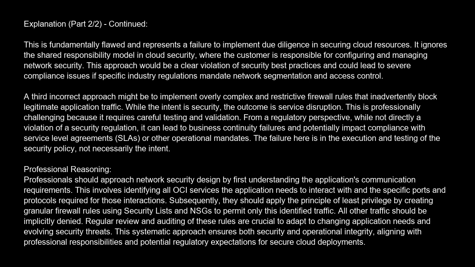All other traffic should be implicitly denied. Regular review and auditing of these rules are crucial to adapt to changing application needs and evolving security threats. This systematic approach ensures both security and operational integrity, aligning with professional responsibilities and potential regulatory expectations for secure cloud deployments.